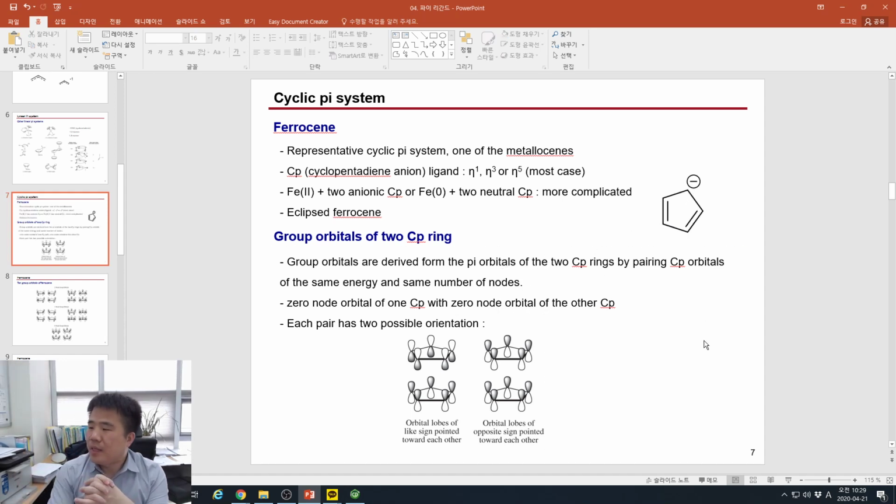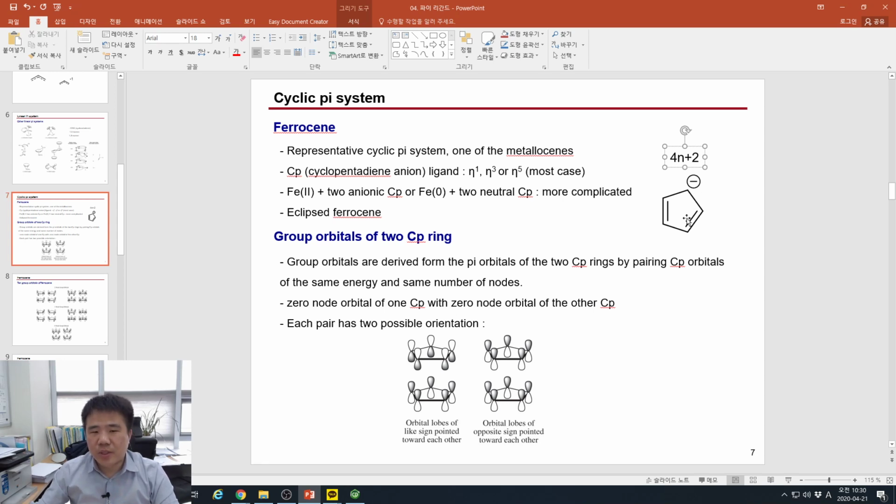We have learned that cyclopentadienyl anion is aromatic because of Huckel's 4n plus 2 rule, so generally 2, 6, 10 electrons is aromatic. But the cyclopentadienyl anion has only 5 p orbitals but 6 electrons. So we know that this is aromatic.